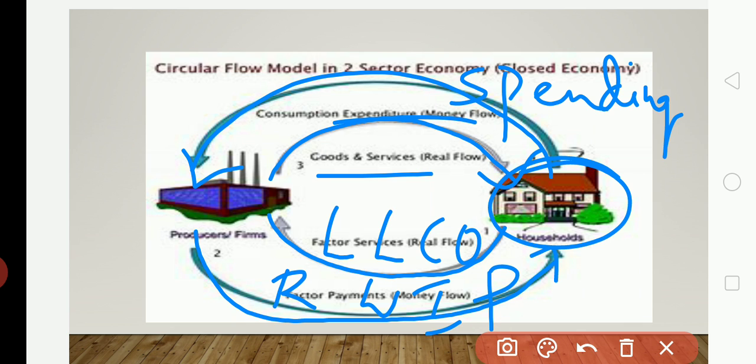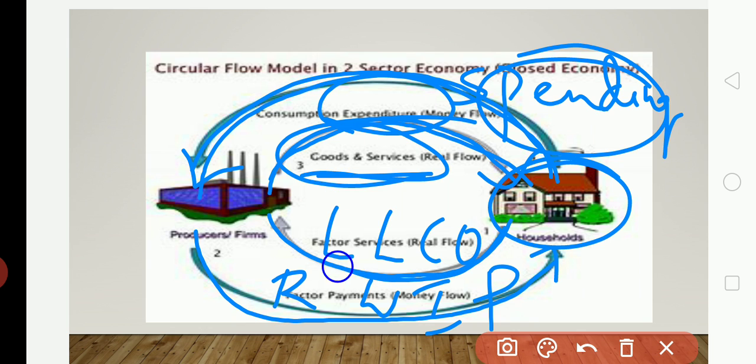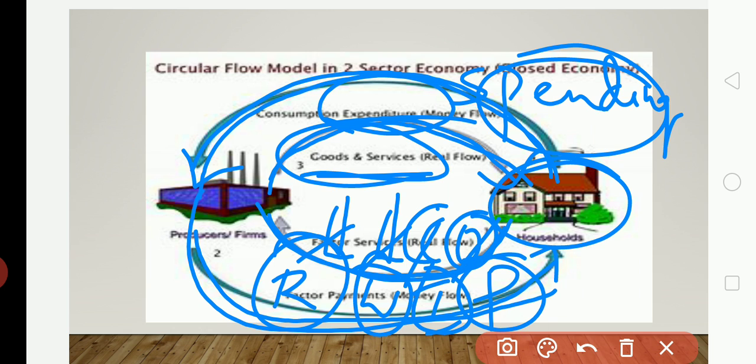Now I think it is clear. The household is spending to the firms. That spending we call an expenditure, and in return the firm gives the household the goods and services. The household gives its factor services like land, labor, capital, organization, and in return the firm gives rent, wages, interest and profit.